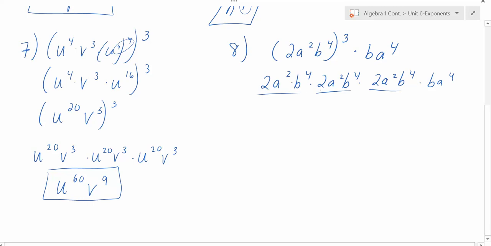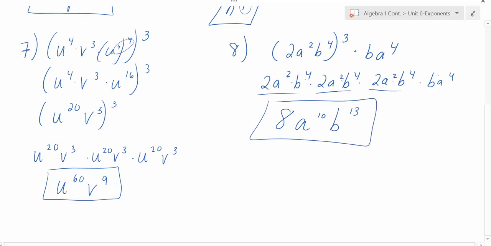And so multiply your coefficients. 2 times 2 is 4, times 2 is 8. And then for a, 2 plus 2 plus 2 is 6, plus 4 is 10, and then for b, 4 plus 4 plus 4 is 12, plus 1 is 13. So that should hopefully help you a little bit.